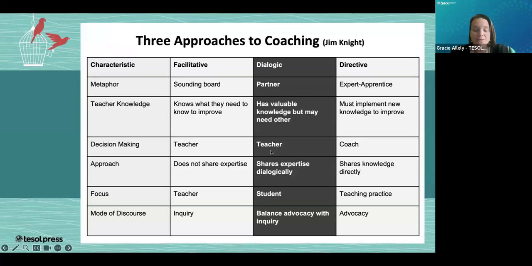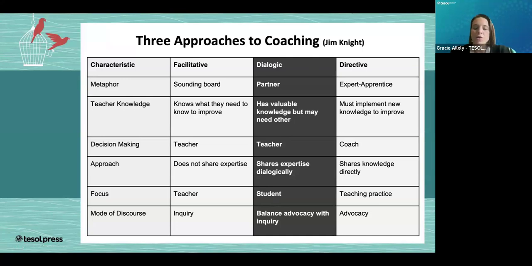The decision making in this process is decided by the teacher that is being coached. They identify what they would like help with. They come to the coach and get support. We share expertise through dialogue. The focus is on the student. This is very important. The focus is not a coach coming into the classroom and saying, you should do this, you need to do this.